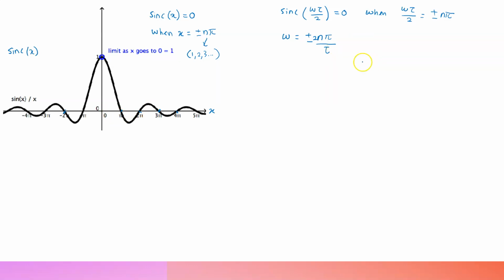So you will have an amplitude of, let's say, 1 or a certain value there, and then it will be 0 where n is an integer 1, 2, 3 and so on. So it will be 0 at 2π/τ, and then 0 again at 4π/τ. You substitute n with 1, then n with 2. That is the value where the sinc(ωτ/2) will become 0.